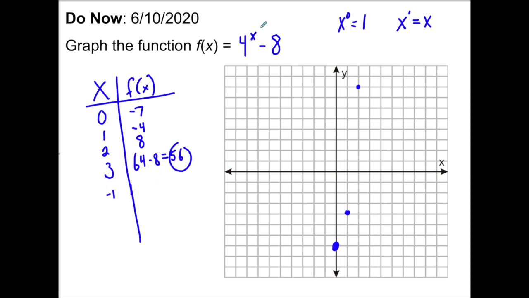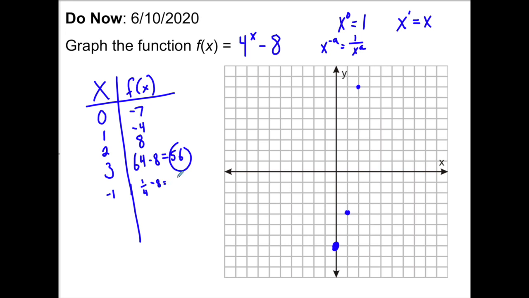Negative 1. So remember, for a negative exponent, first you take the reciprocal, and then you make the power positive. So 4 to the negative 1 is 1 over 4 to the positive 1, or 1 over 4.